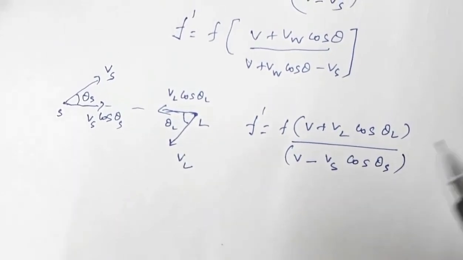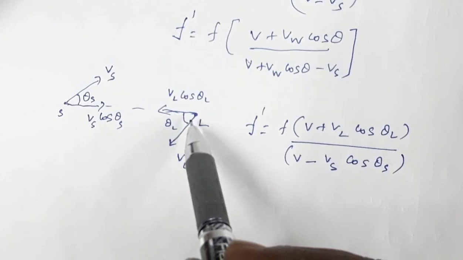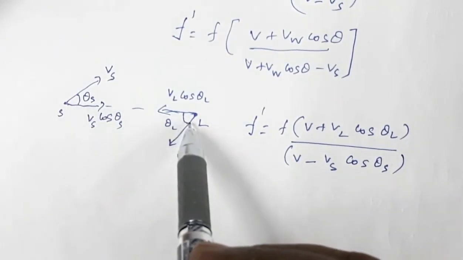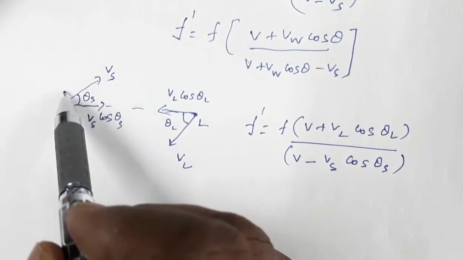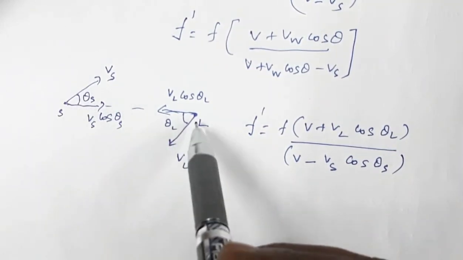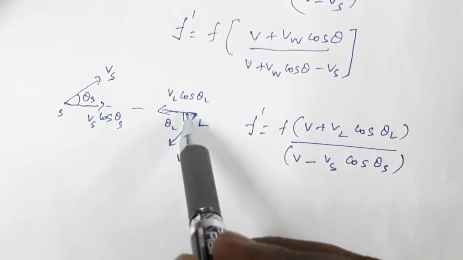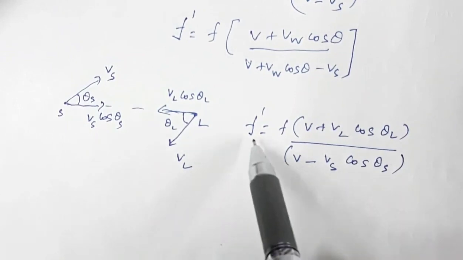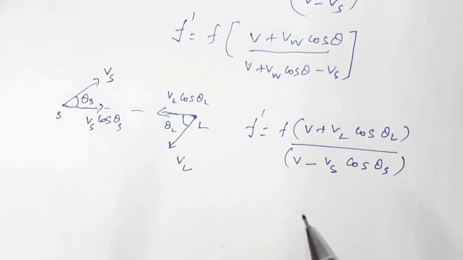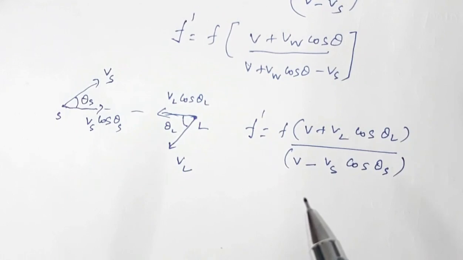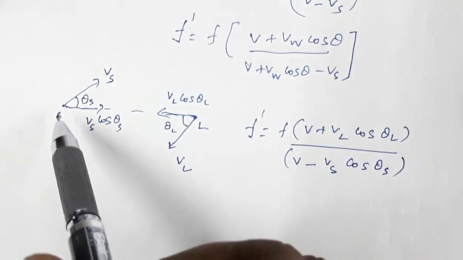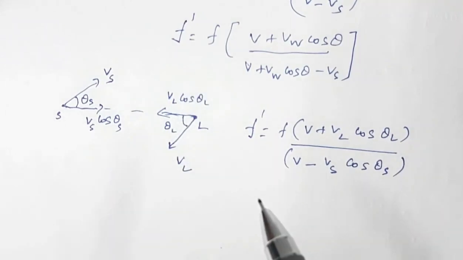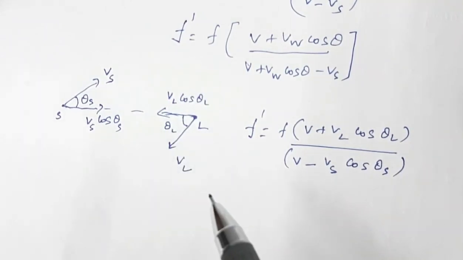As you can see, if the source and listener are moving in a direction perpendicular to the line joining them, so theta s is 90 degrees and theta l is also 90 degrees, both these cosine terms will be 0. In that case, the apparent frequency will be equal to the actual frequency. So the Doppler effect will not be observed if the source or listener move perpendicular to the line joining their respective positions.